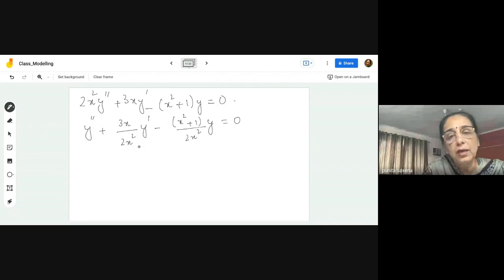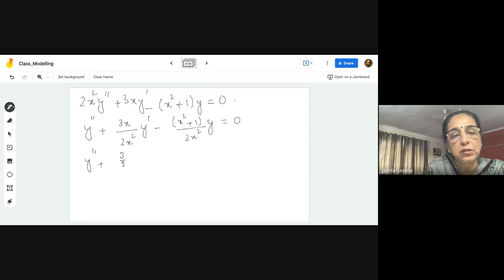Now, the moment I look at the denominator, I get that x equal to 0 is a singular point, right? So what do I have to verify? Only whether x equal to 0 is a regular singular point or an irregular singular point. So for that, we reduce it in that form, for which we can check.